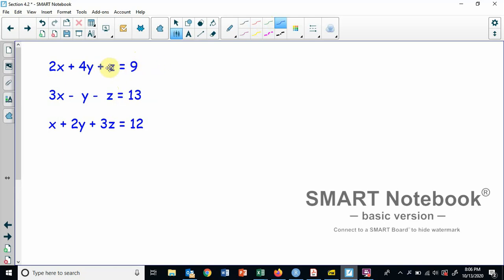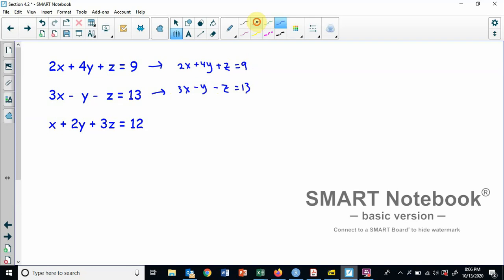Now notice, these are already set up to be opposites. So I can just take these, 2x plus 4y plus z equals 9, and this one 3x minus y minus z equals 13.